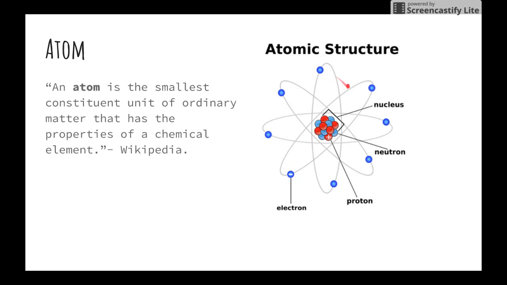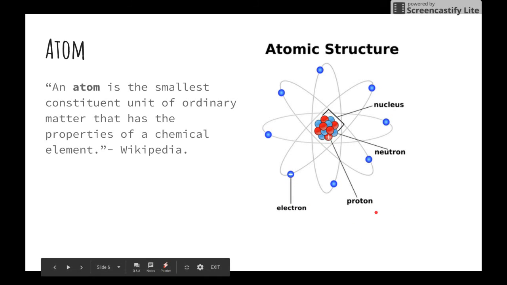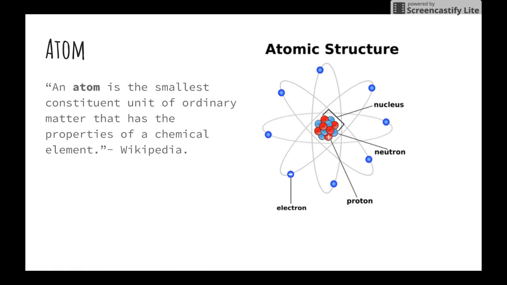So why does this hold together? We know that opposite charges attract each other. We have positively charged protons, negatively charged electrons, and neutrons. This attraction, sort of a bond, holds the atom together and makes it a whole.